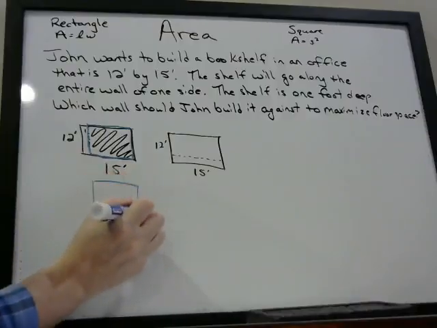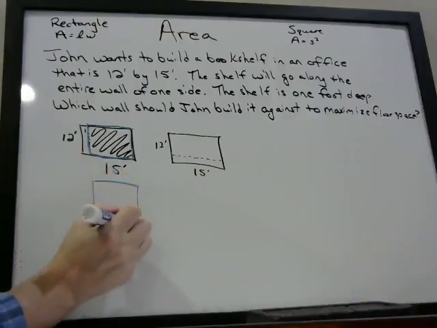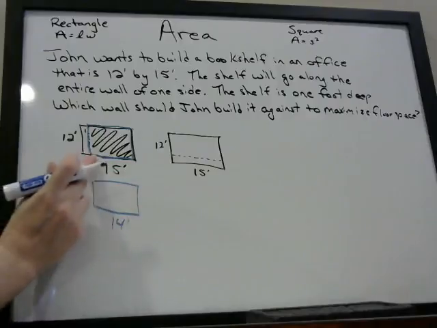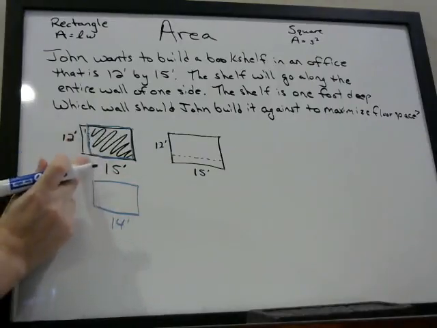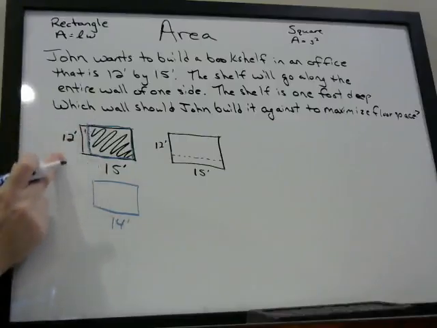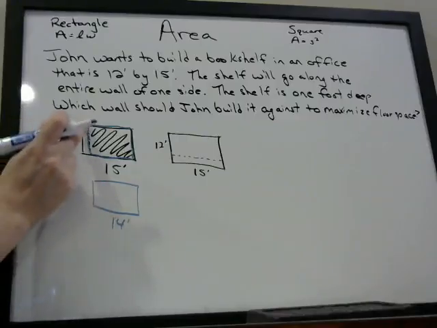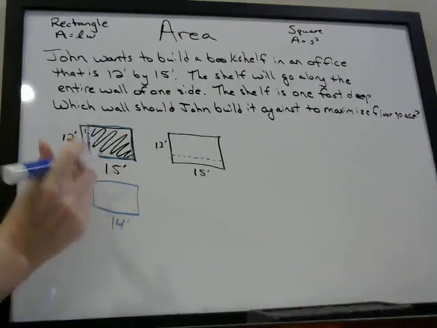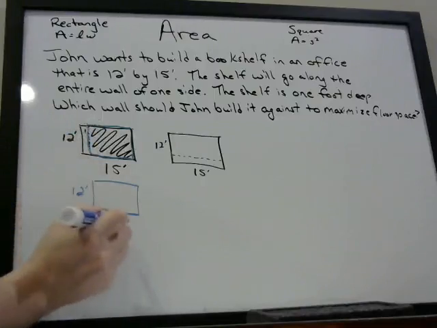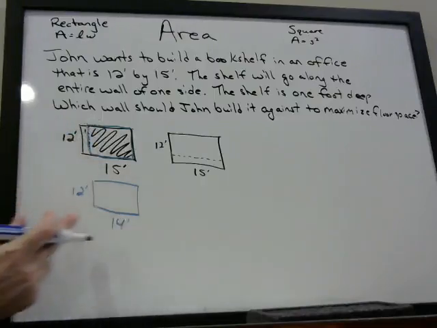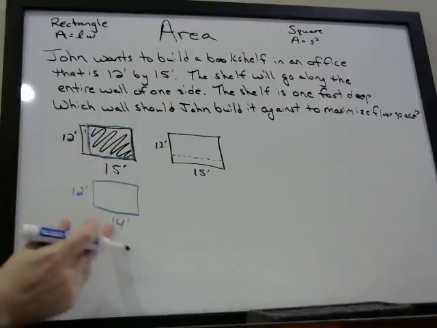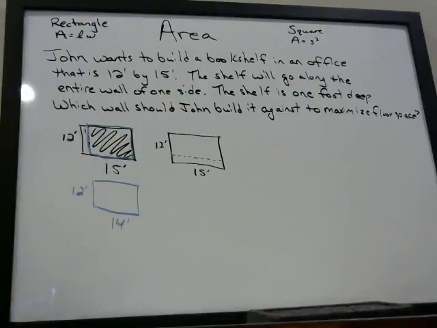Our new rectangle is only going to be 14 feet long because we've cut off a foot over here. Now the width, we haven't cut anything off. This is still 12 feet from top to bottom.